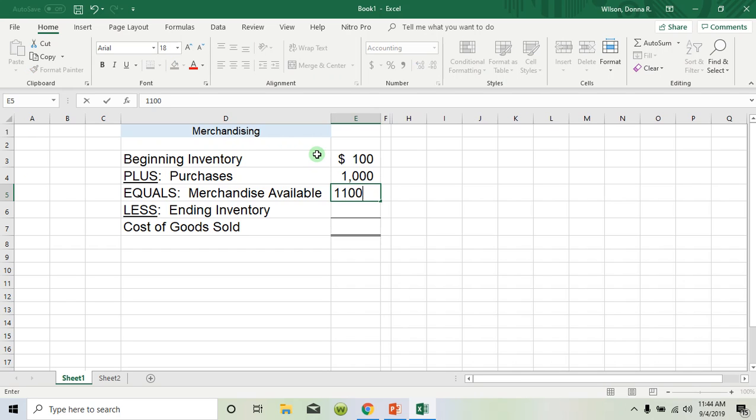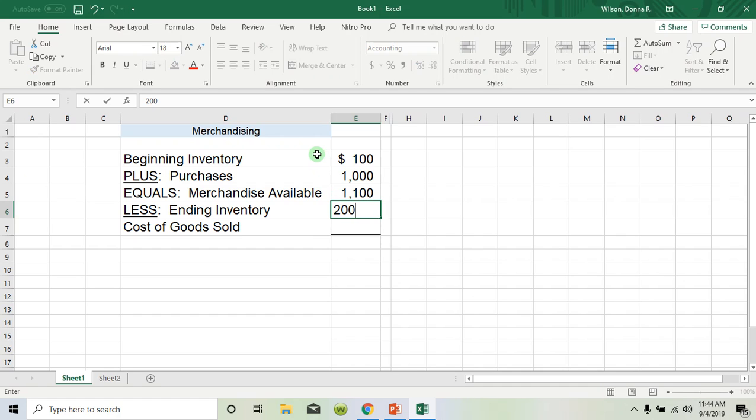So at any time during the year, I had $1,100 worth of merchandise that was available to be sold. The $100 I started with, plus the $1,000 that I purchased. December 31st rolls around, and I go and count, well, what do I have left?